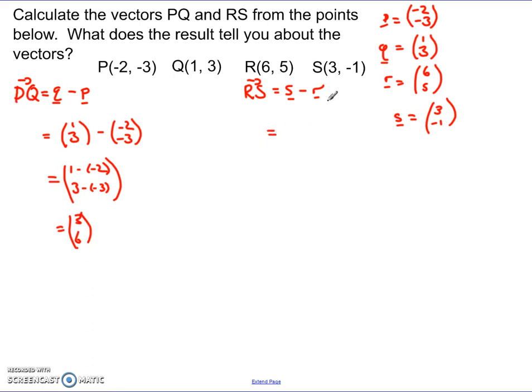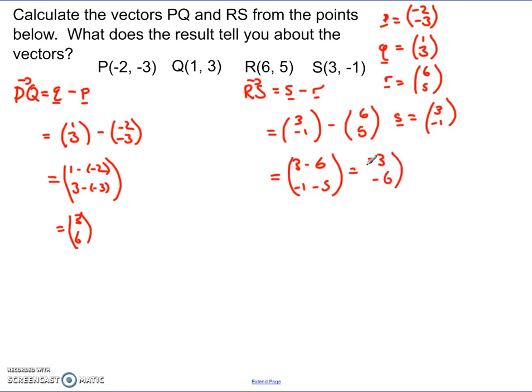Now we do the R to S one, and that's given by the S vector here, take away the R vector there. So in this case, that's (3, -1) take away the R, which is (6, 5). So 3 minus 6 on the top, -1 take away 5 on the bottom. That then gives me -3 and -6 there. Now that is the same as -1 times the (3, 6) vector.